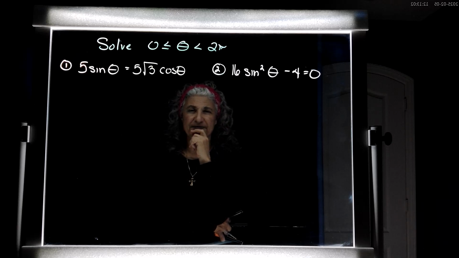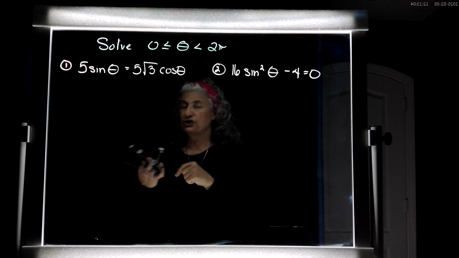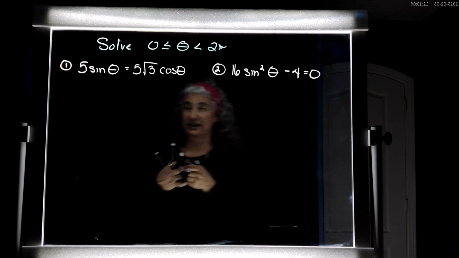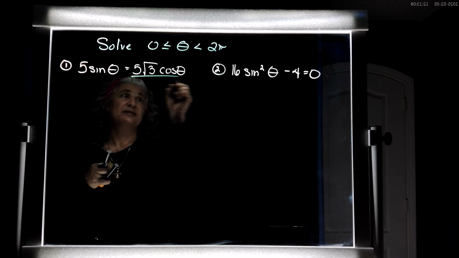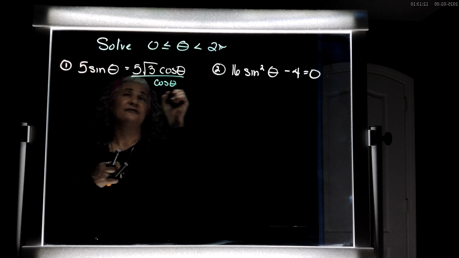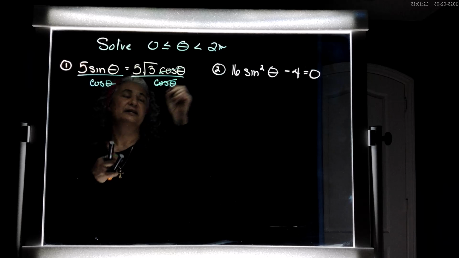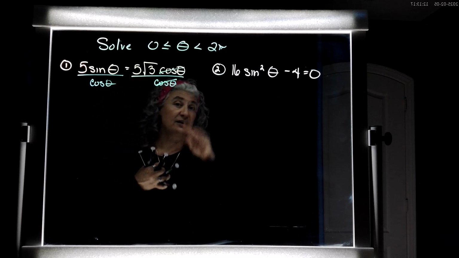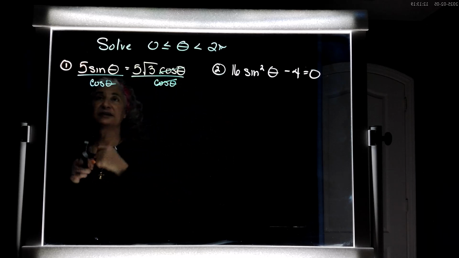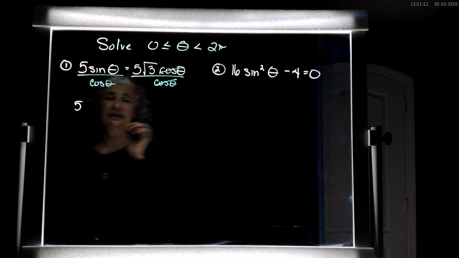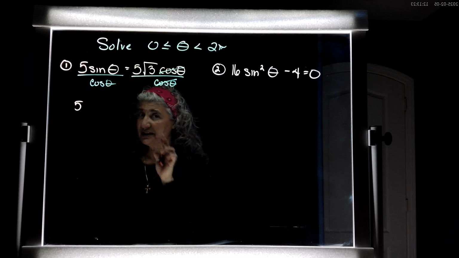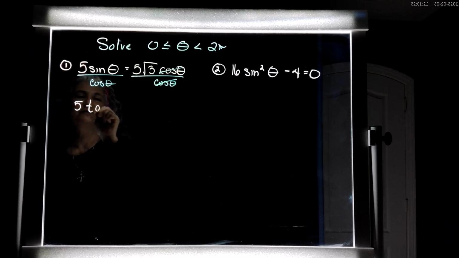Which one do I prefer? I prefer tangent. So to get my variables on the same side, I am going to divide both sides by the cosine of theta. That'll cancel cosine of theta off the right. And on the left, that gives me 5, sine over cosine is tangent.